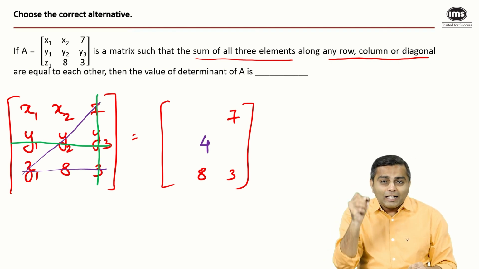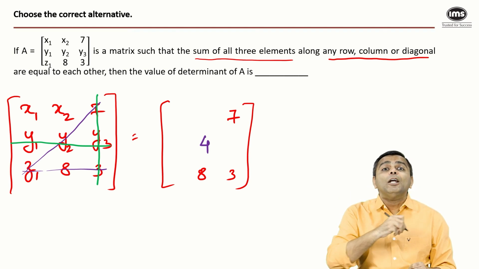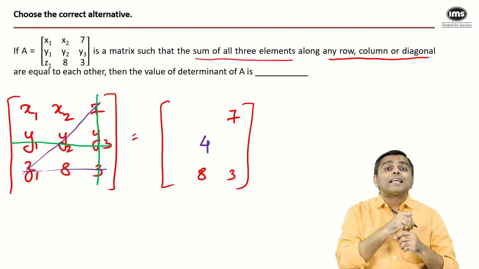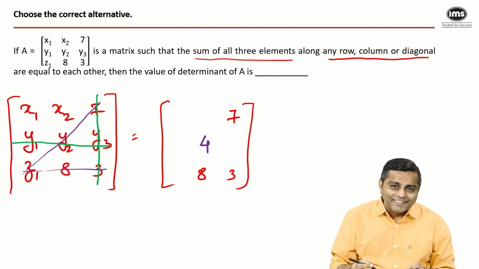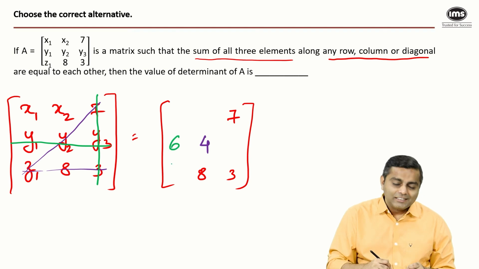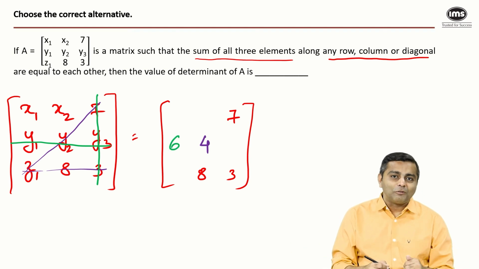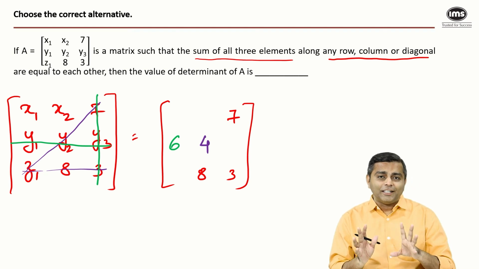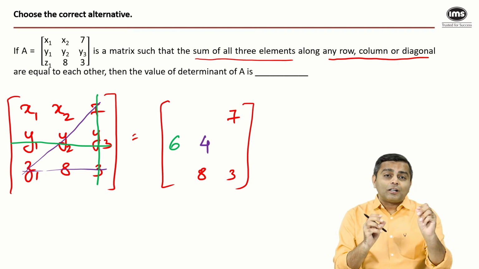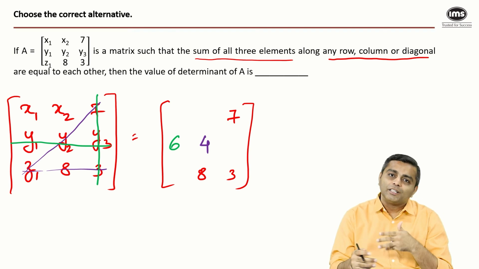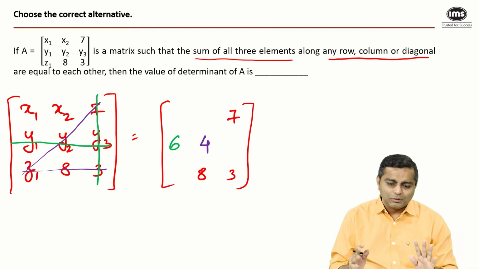So if the last column is 10 and a Y3, the second row should also be a 10 and a Y3. And if that second row has to be 10 and a Y3, this guy is nothing but 6. Only then it can be a 10 and a Y3, right? So we have in a way figured out Y1. I hope you get the drift. You just need to keep picking out these common variables across 2 things and get your answers. That's how simple it is.